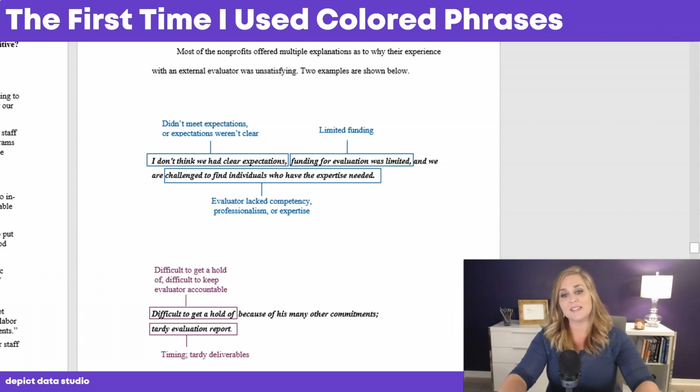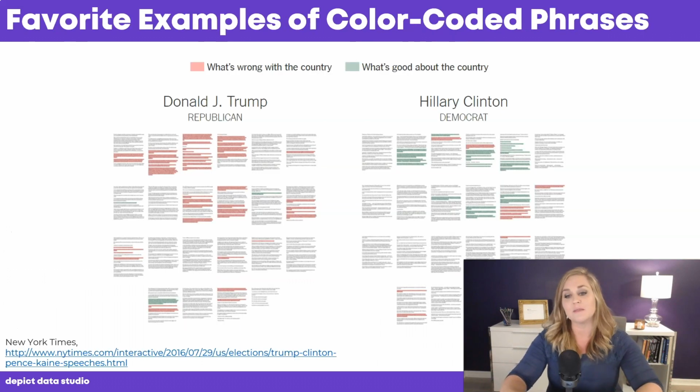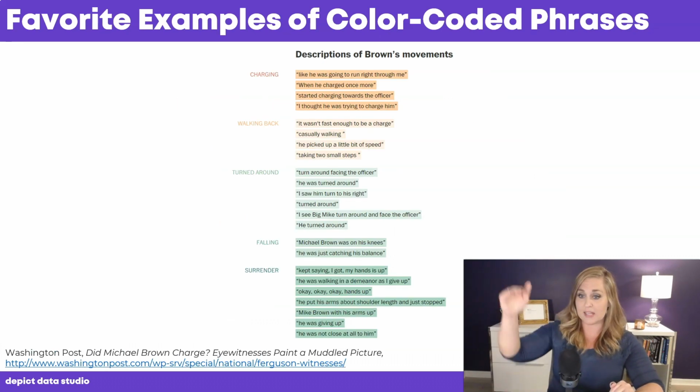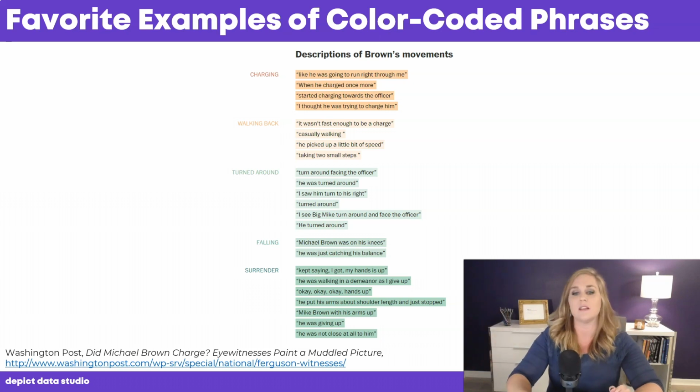I hope you liked seeing the first time that I used colored phrases and how it mostly worked, but then also some leaders to look to for examples. The New York Times and their convention speech example, great example here. The Washington Post and their Ferguson example, showing the colors by different sentiments or tones as well.